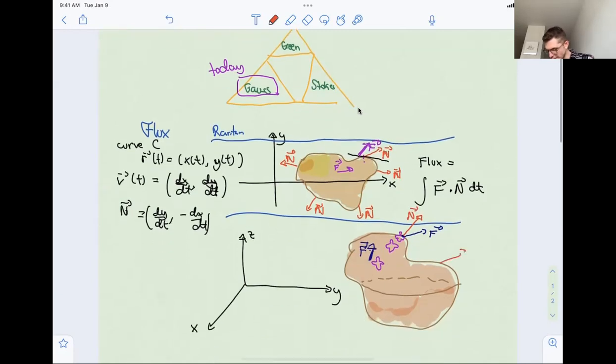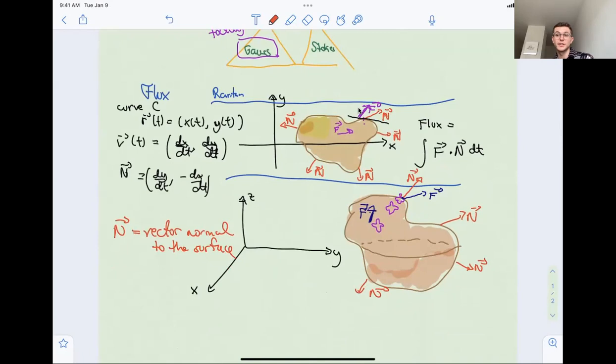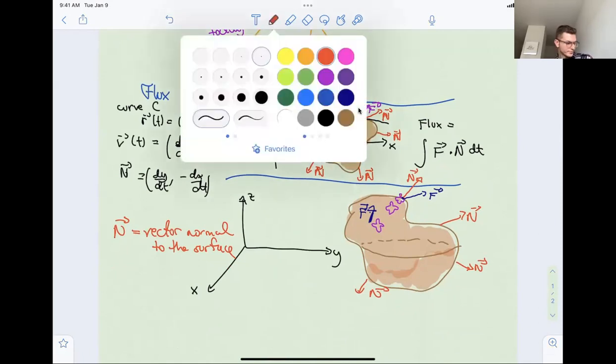So now n here is a vector normal to the surface. And so the flux through the surface will just be the dot product. It's again the same formula, but it's now the dot product of F with the normal vector.